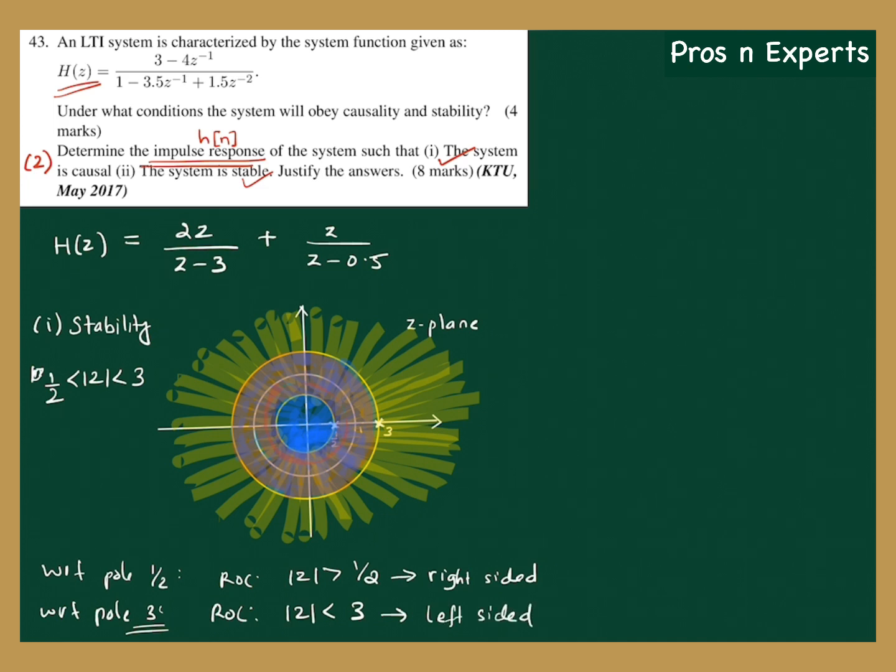Okay, right. So we can write that h of n is equal to, finding the inverse transform of this term, with respect to pole 3, it is a left-sided signal.